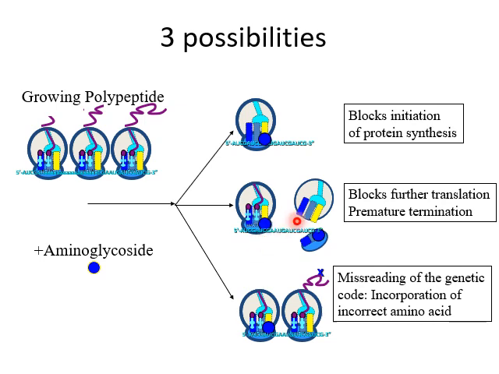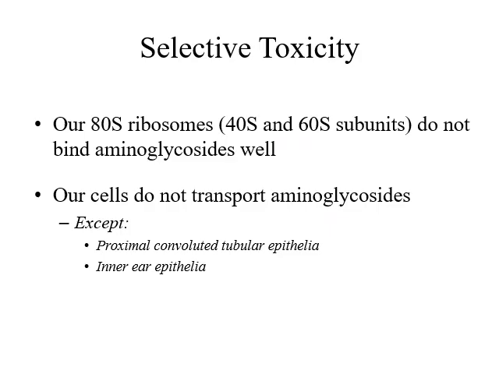We may have a premature termination, or probably the most common, we already have a growing polypeptide, we have misreading, and hence we incorporate an incorrect amino acid. So we either have no protein, we have a premature termination of the protein, or we have protein but with incorrect amino acids. We have been talking about selective toxicity a lot.